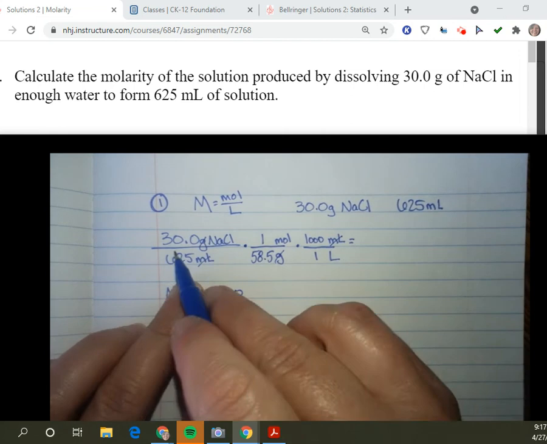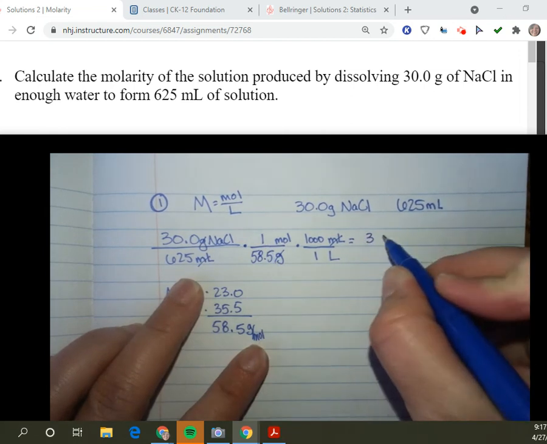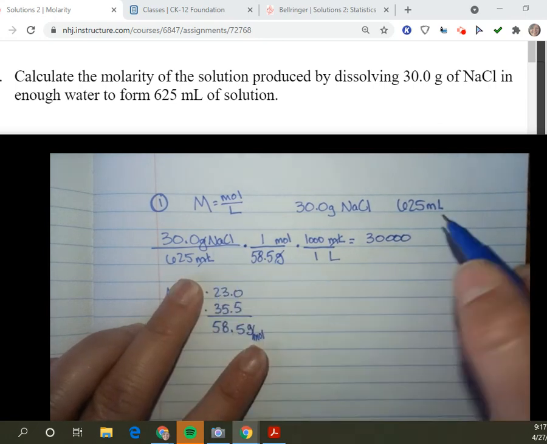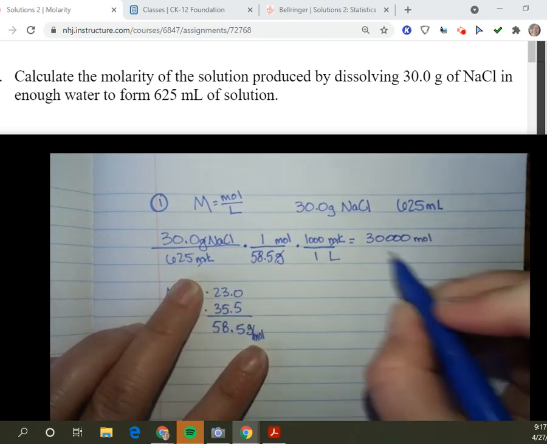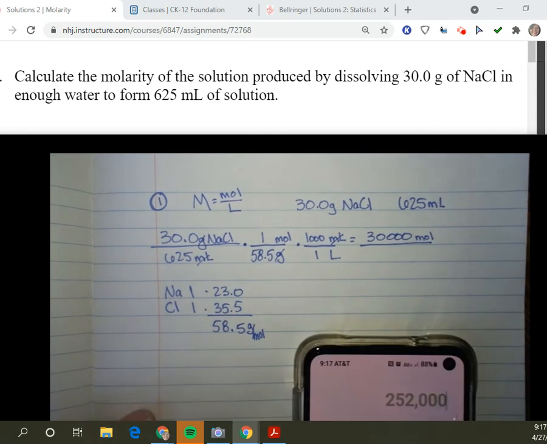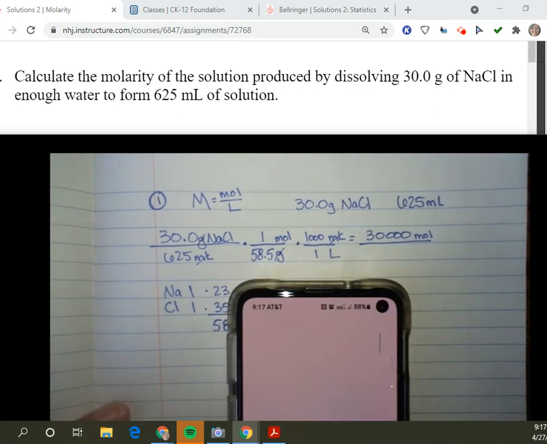And let's see what we got. 30 times 1 times 1,000 is 30,000. And across the top, the only unit I have is moles. Across the bottom, well, I can't do that math in my head, so we will pull up our calculator and say 625 times 58.5.